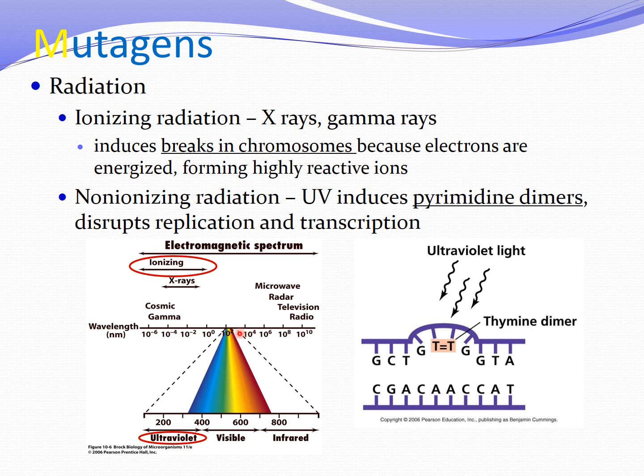because it has higher wavelength. So UV has less energy than the ionizing radiation, so it does not cause ionization, okay, so that's why it's called non-ionizing radiation. But it has enough energy to cause something. If you remember, we talked about this in the lab. This is called pyrimidine dimers.